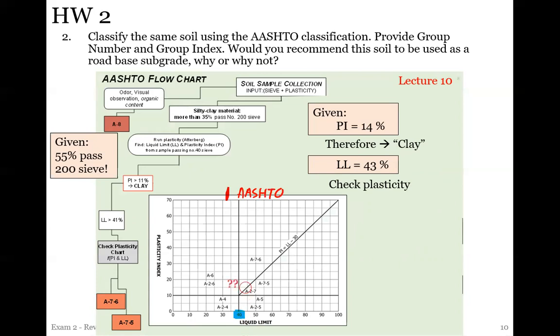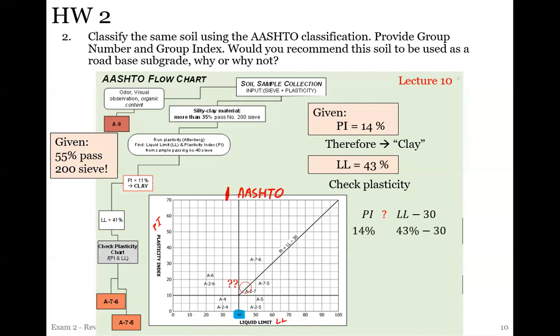Same thing as before, it's right on that dividing line of 43% for the liquid limit and 14 for the PI, the plasticity index. So we have to plug it into the equation. This equation is a little bit easier. It's just a straight line with LL minus 30 is equal to PI.